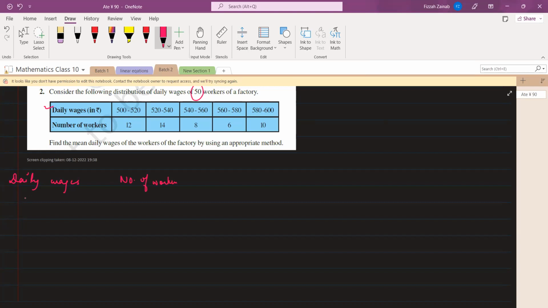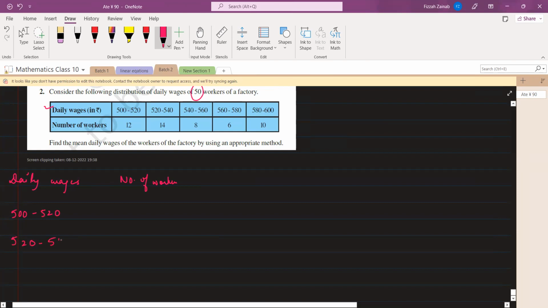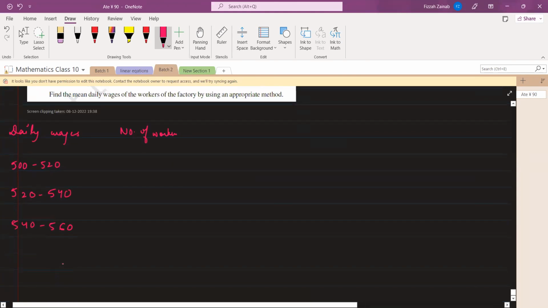These are 500 to 520, then 520 to 540, 540 to 560, 560 to 580, and then 580 to 600, right?